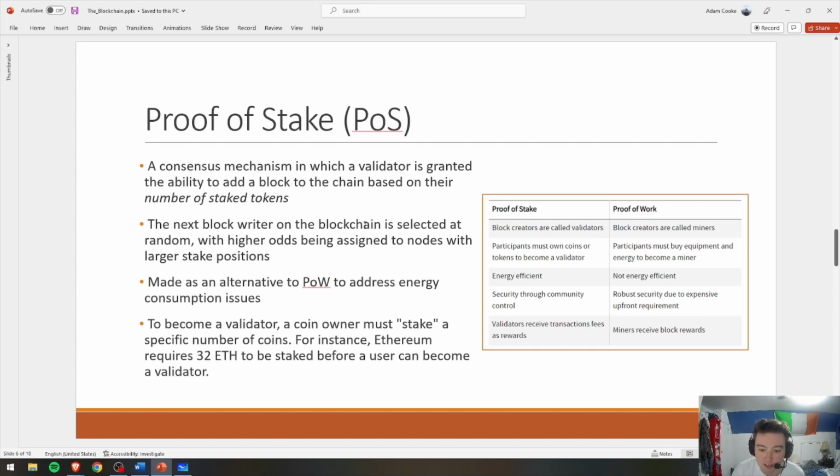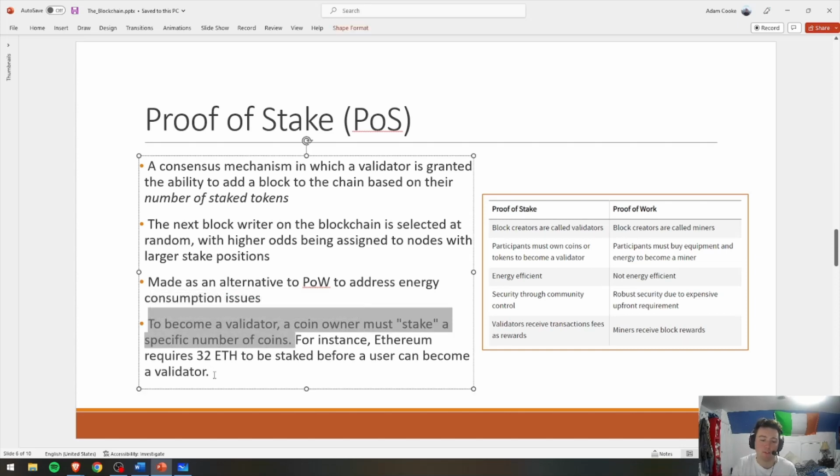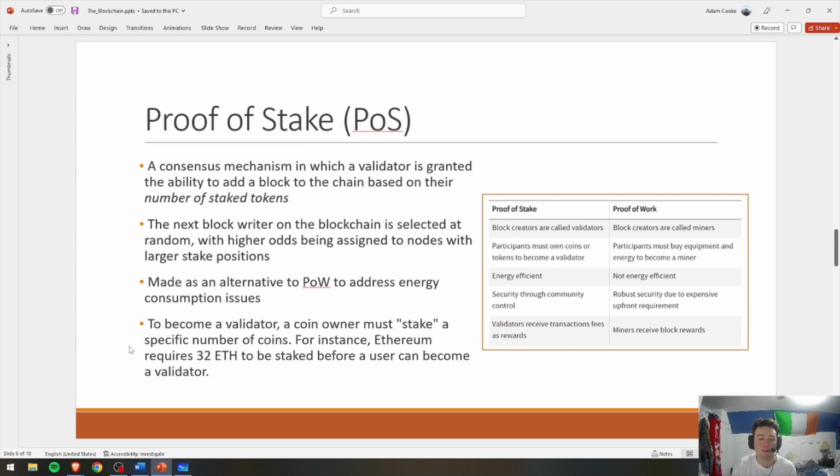on the blockchain is selected at random, with higher odds being assigned to nodes with larger stake positions. So whoever gets to create the next block is random, but the more stake you have, the higher chance it's going to be you. It's made as an alternative to proof of work to address energy consumption issues. And to become a validator, you must stake a specific number of coins. This is not always true, but in some instances it is. I'm not sure I even like this bullet point that I put here.